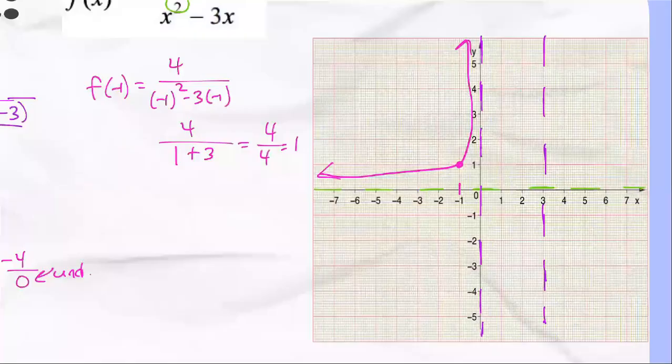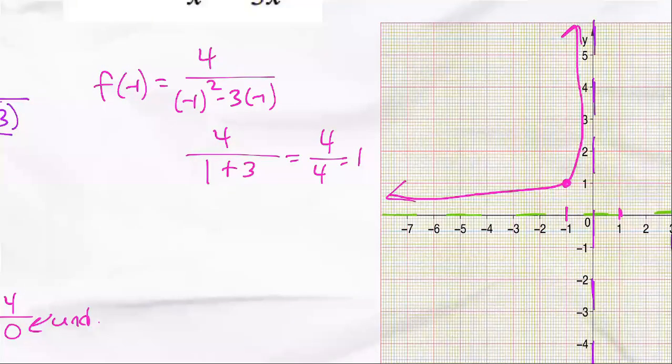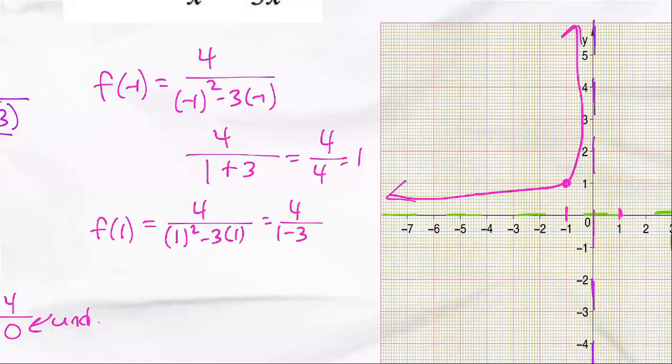Okay, what if I want to plot one? Let's try at 1. That's a nice point in there. So f of 1 is 4 over 1 squared minus 3 times 1. So 1 squared is 1 minus 3.